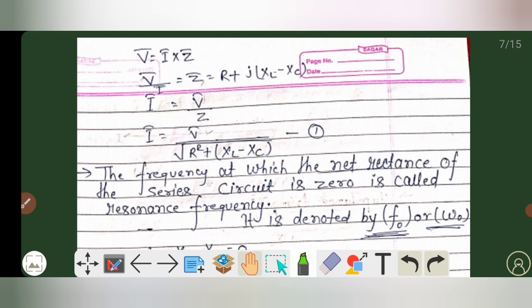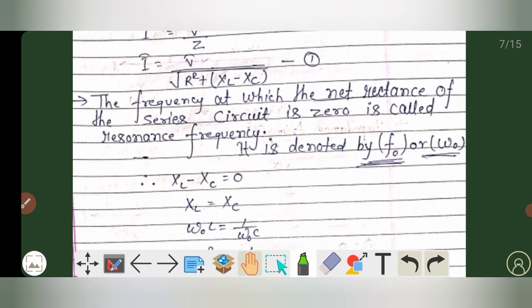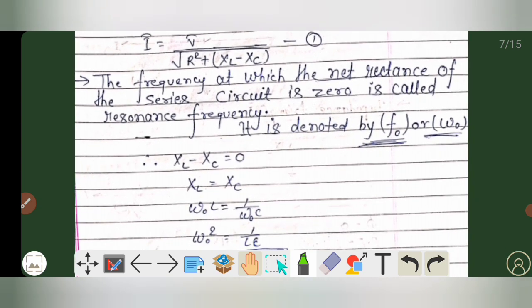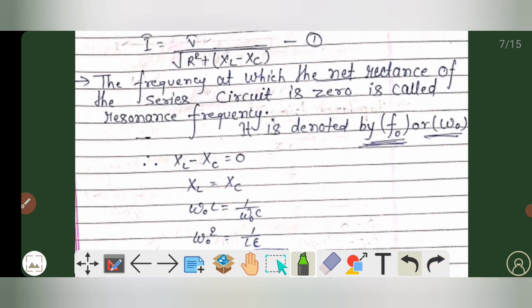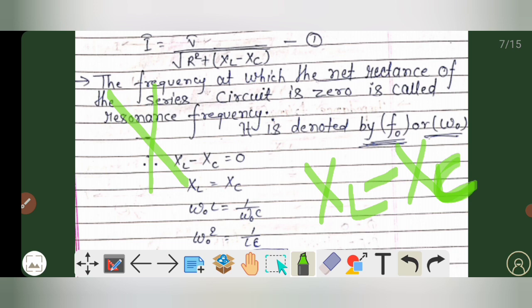Now my dear friends, reactance means XL minus XC. As we know, there are two types of reactance, and reactance is denoted by X. The first one is inductive reactance, denoted by XL, and the second one is capacitive reactance, denoted by XC.